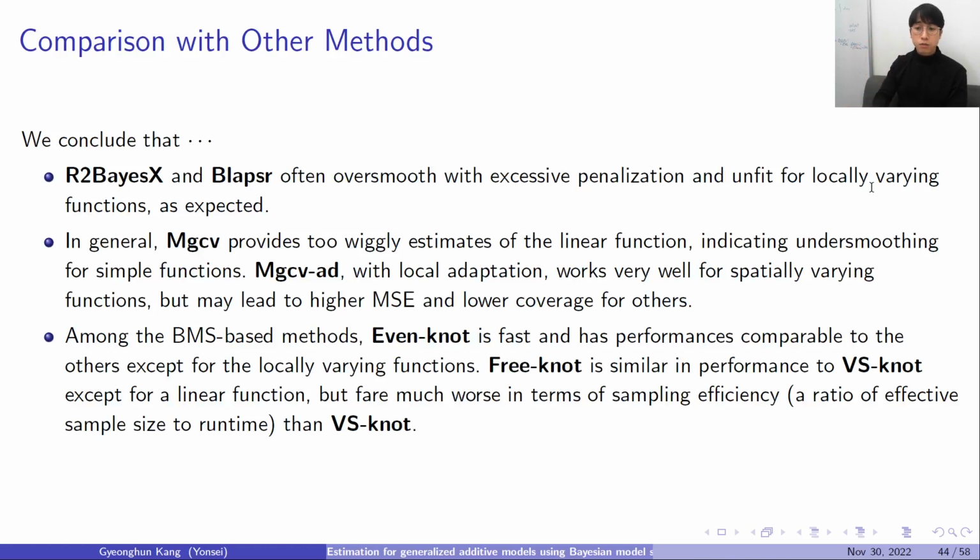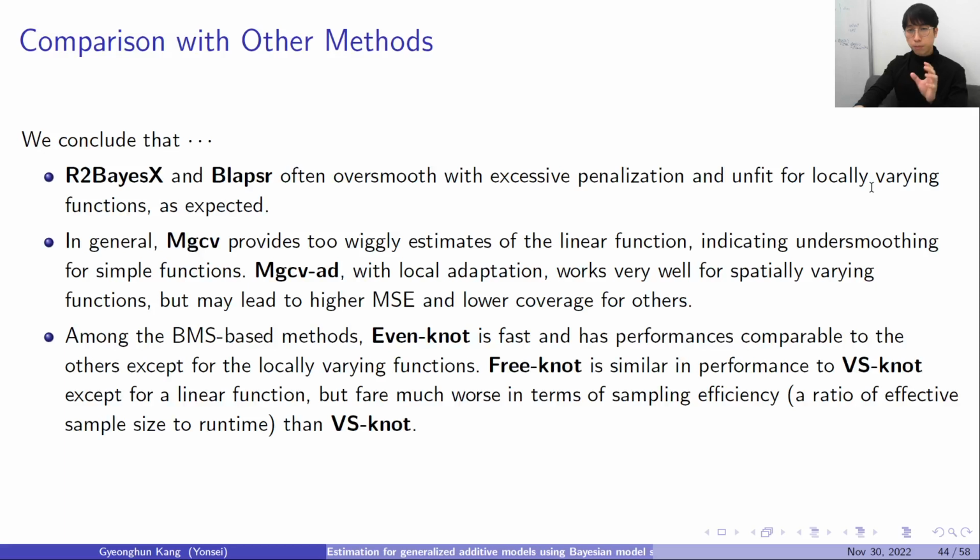In contrast, the Bayesian model selection methods, free knot and variable selection knot, naturally allow for locally varying estimation because they're determining it from samples of the posterior distribution of knots, right? And between those two, we saw that variable selection knot is better in terms of sampling efficiency.